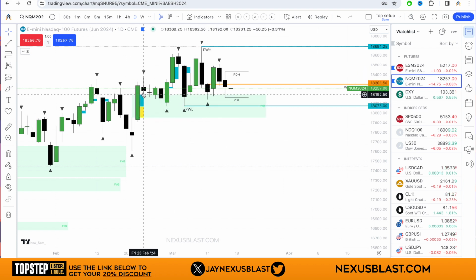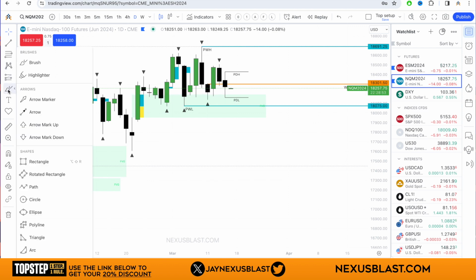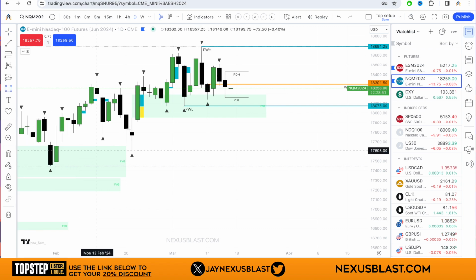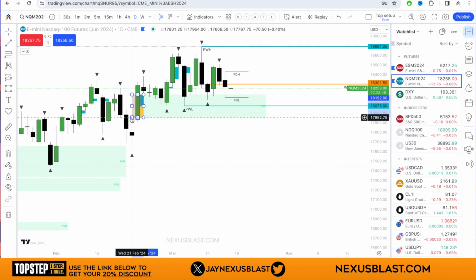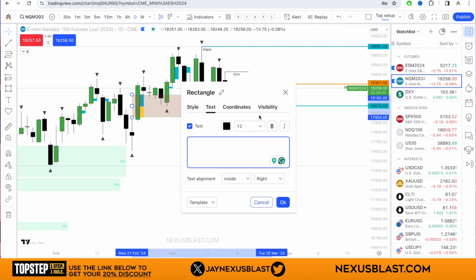This is also something that you can highlight on your chart. So you would make a rectangle where that fair value gap is, to make sure that when you do drill down on lower time frames, you're actually able to know exactly where you are on a higher time frame.